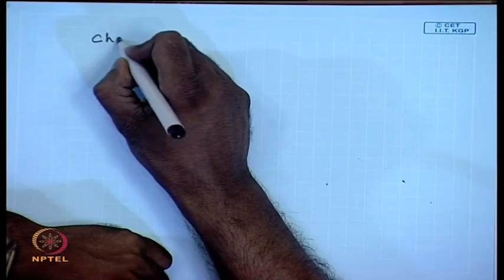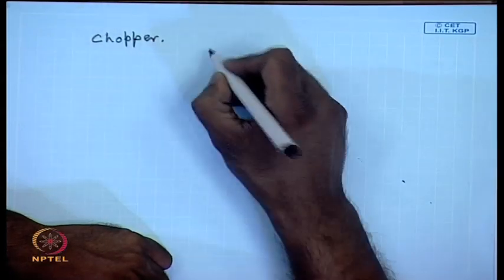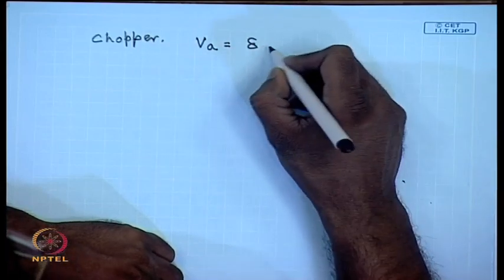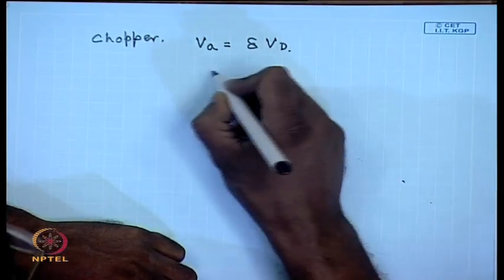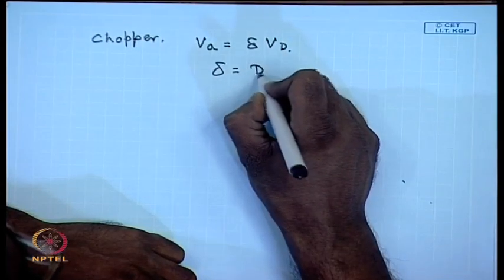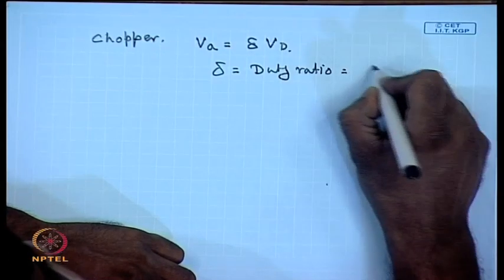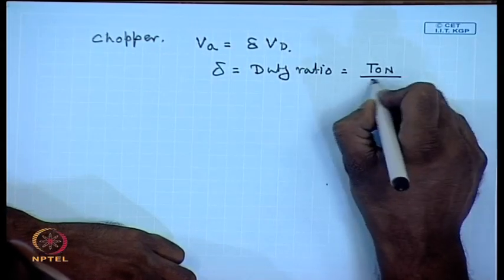So, we have considered two power electronic converters to control the average DC voltage applied across the armature of a DC shunt motor. For the chopper, the average applied voltage V A equal to delta V D, where delta is the duty ratio equal to T on by T off.